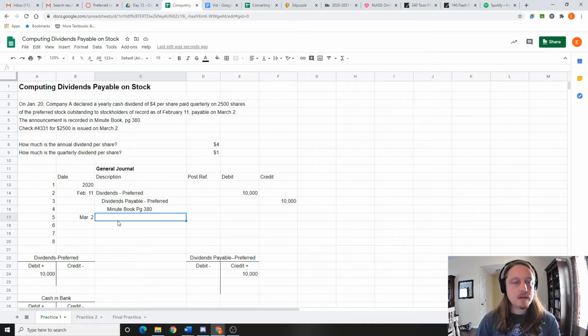So we're going to be paying $2,500 on March 2nd out to everybody. Now my dividends payable, the owed amount, is going to fall. It was a credit, so now we're going to debit it to bring it down $2,500.